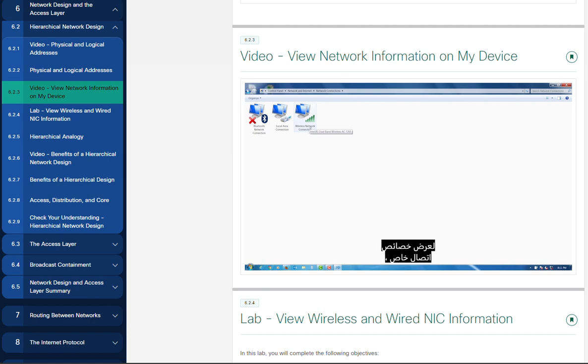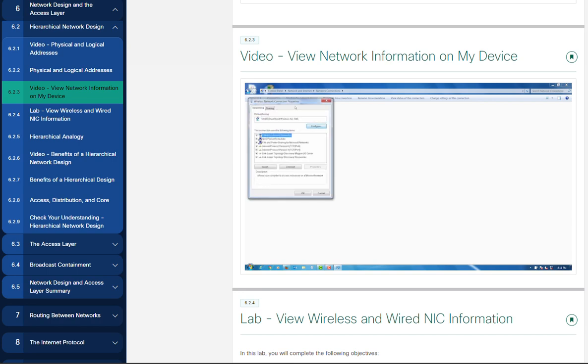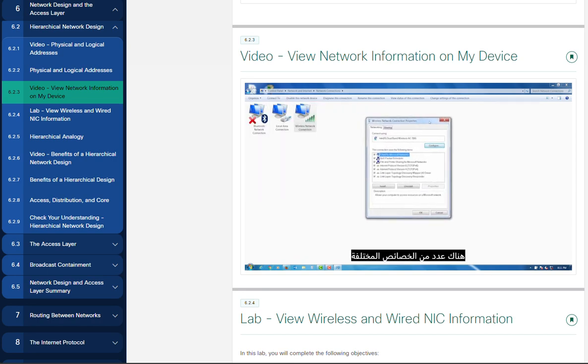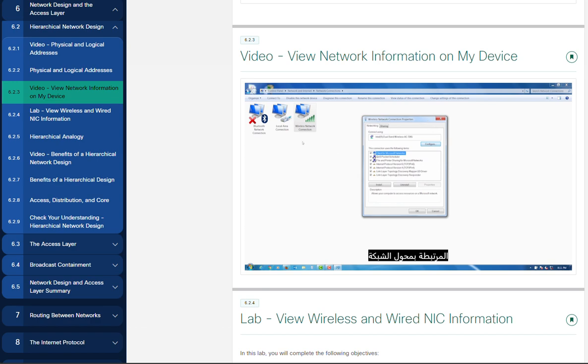To view the properties of a particular connection, all you have to do is right-click and go down to the properties. There are a number of different properties that are associated with a network adapter on a Windows PC. Usually what we're most interested in are the settings for the Internet Protocol.